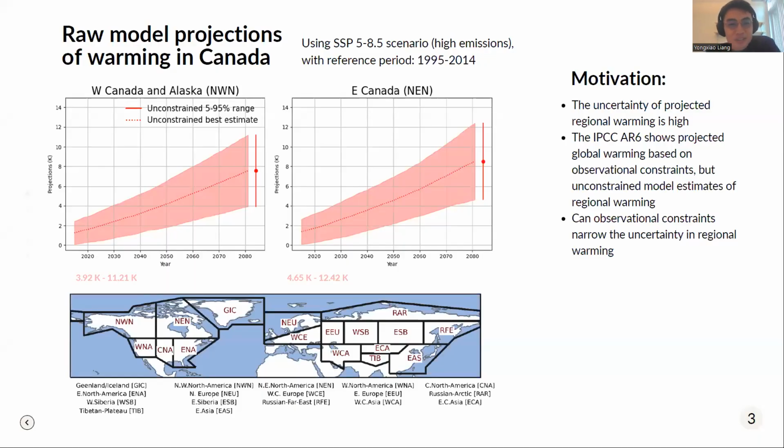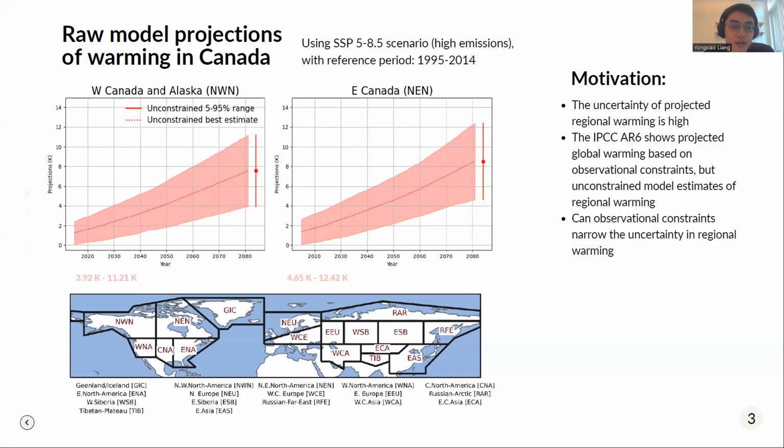The motivation of this study: people are concerned about warming predictions over regions. Here I provide results from applying the multimodel projections from CMIP6, the Coupled Model Intercomparison Project phase 6.